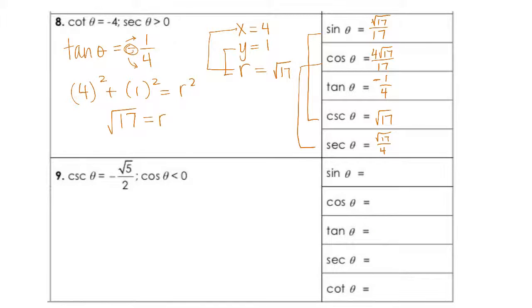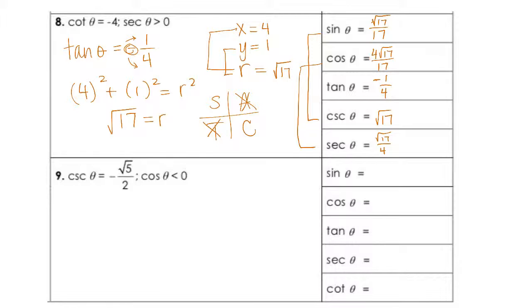All right, so now we have all those values. We need to find what quadrant we'll be in. So again, A, S, T, C. And let's see, for the quadrant, we're told that tangent is negative. So we can't be in the first quadrant with a negative trig function. If tangent's negative, we can't be in the third quadrant.